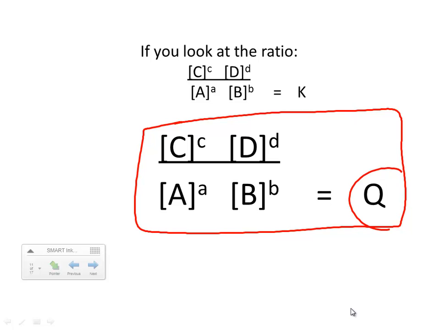For these reactions, we can calculate something called the reaction quotient, which is this Q value. It looks exactly like calculating an equilibrium constant, but these values are not necessarily at equilibrium. What we can do is put in whatever concentrations we have and calculate a ratio value, and we can then compare it to K. And if we compare it to K and determine that it's the same number, that tells us that we are actually at equilibrium.